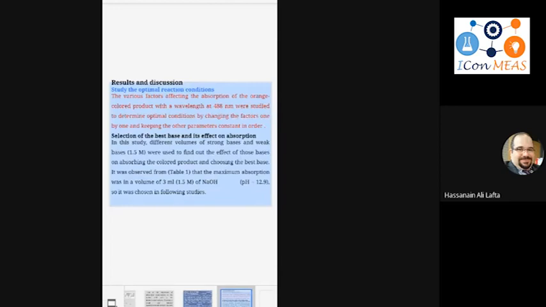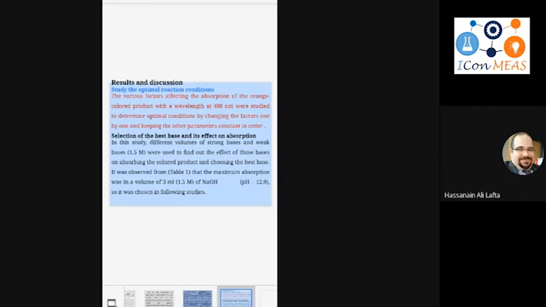Results and discussion. Study the optimal reaction conditions. The various factors affecting the absorption of the orange color product at a wavelength of 488 nanometer were studied to determine optimal conditions by changing the factors one by one and keeping the other parameters constant. Selection of the best base and its effect on absorption.